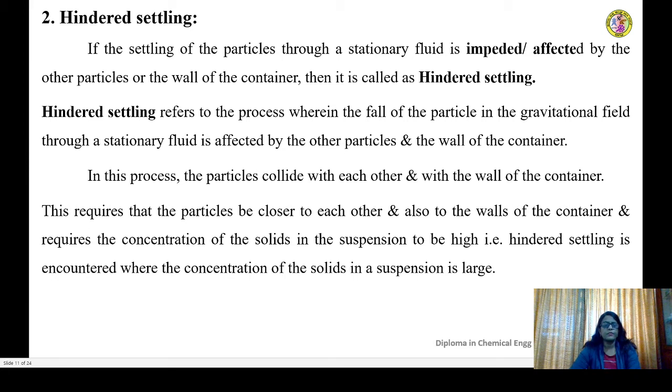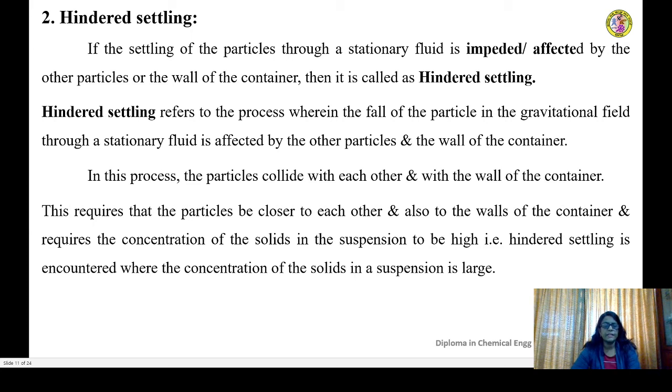To expect hindered settling to take place, we expect that the particles are lying closer to each other. Otherwise, each particle may not come into contact with the others, and they can easily settle by the free settling process. The close distance between the particles only occurs when a greater number of particles are present in a given slurry.